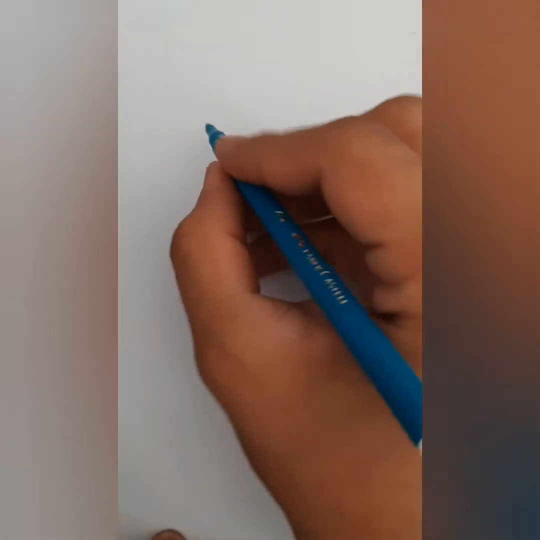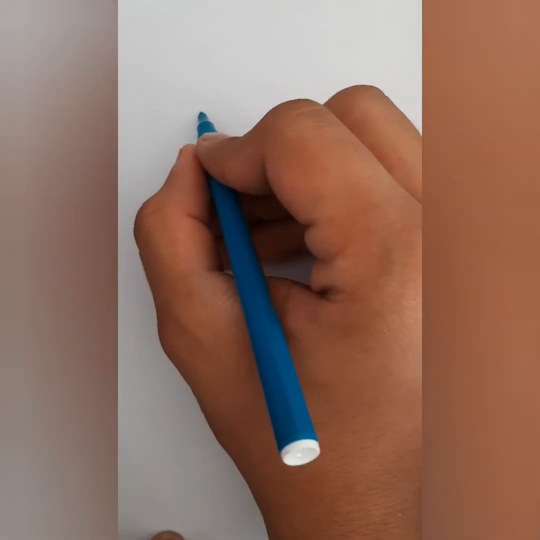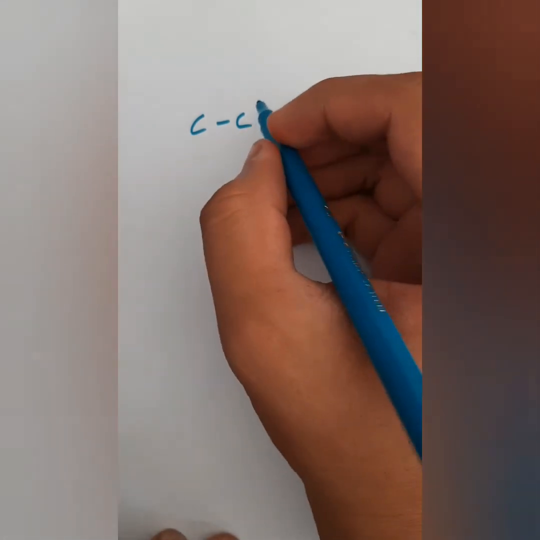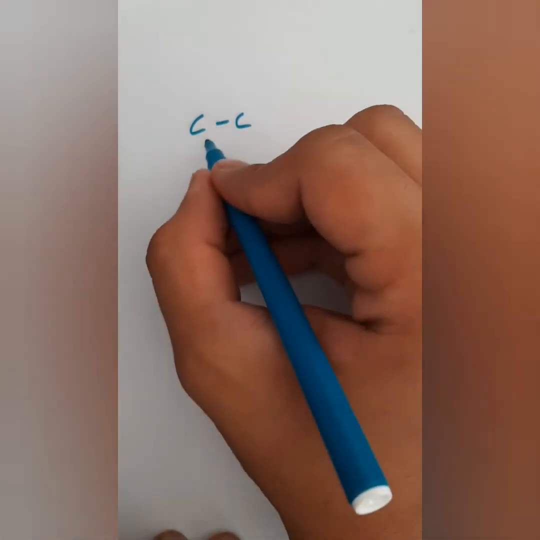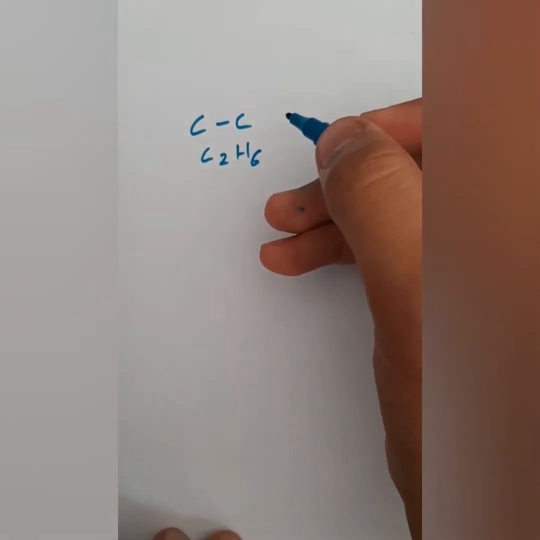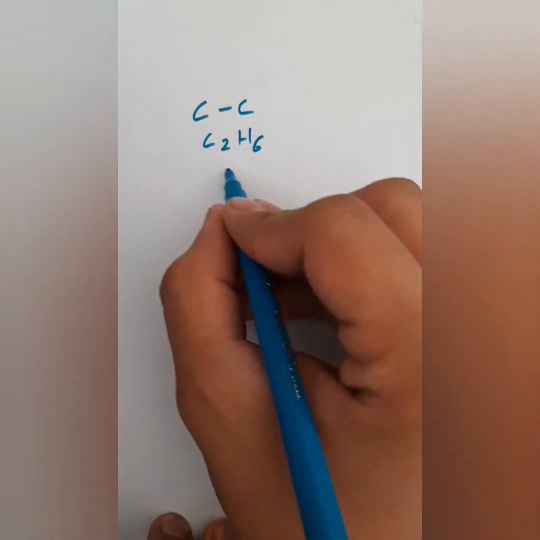If you want to know where this formula is derived from, then I'm going to show you how I derived this formula. So let's take a 2 carbon atom compound. Let's say ethane. So the number of hydrogen in this is clearly 6. We have C2H6. But what if there's a double bond? It becomes ethene.